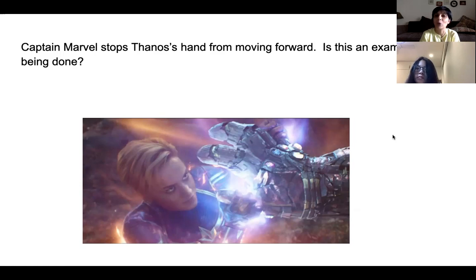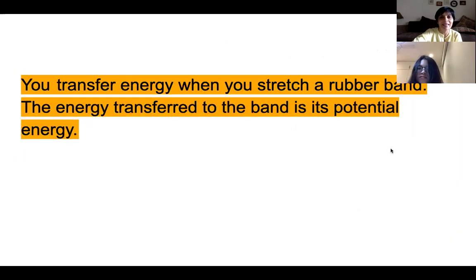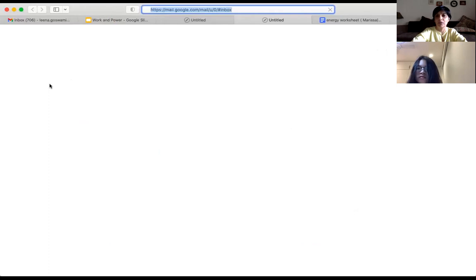No. Absolutely right. Poor Captain Marvel. After applying so much effort, there was no work done. Anyway, so that's where now you understand how it works.